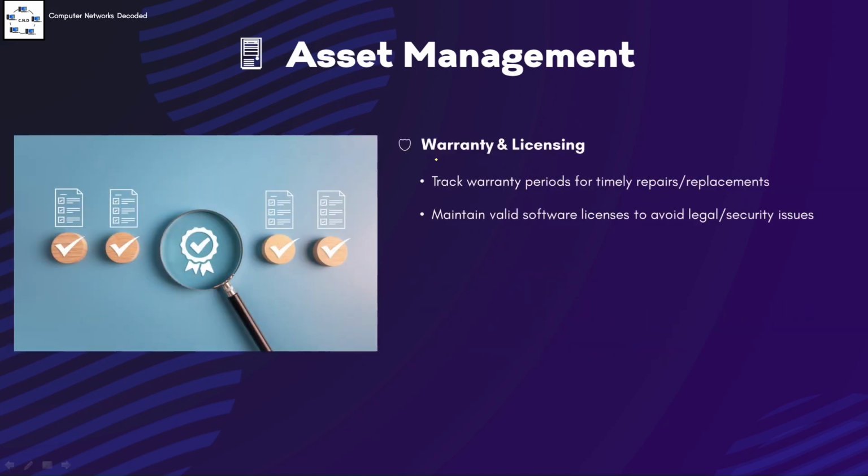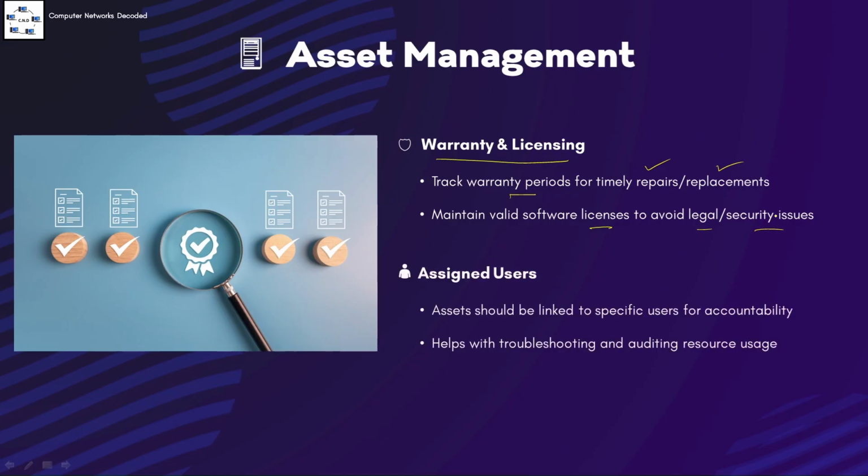So next is the warranty and licensing. This is used to track warranty periods for timely repairs and replacement, and it is used to maintain valid software licenses to avoid legal and security issues. The licenses are basically assigned to users.